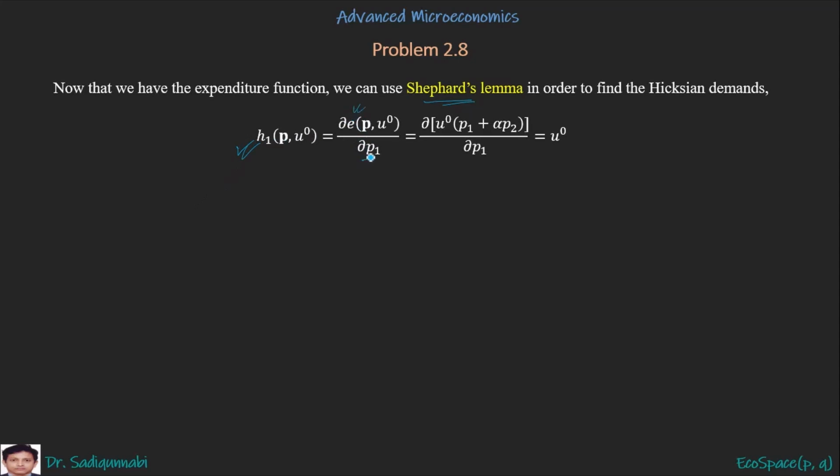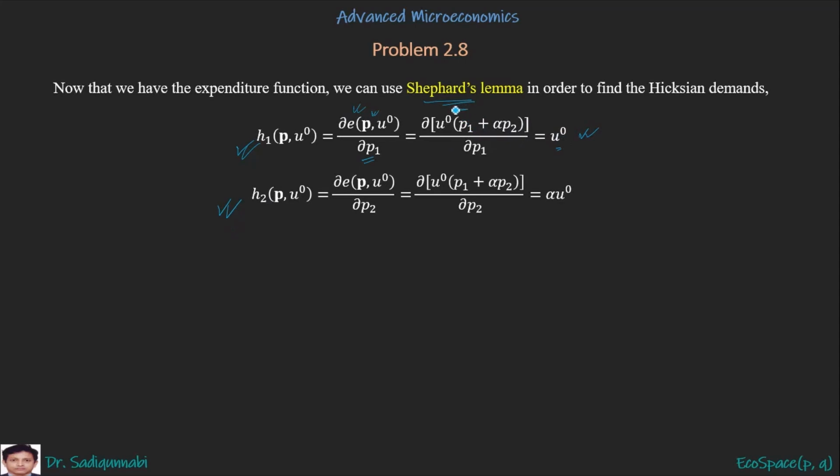From the previous slide, we see that E(P, U0) is equal to U0 times (P1 plus alpha P2), so it is U0 for the first good, because there is no P here, so U0.